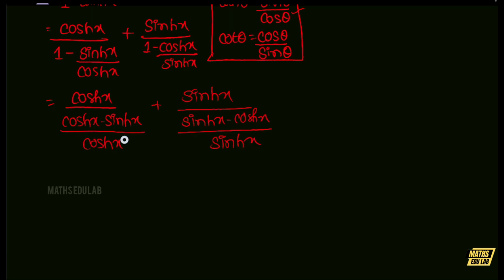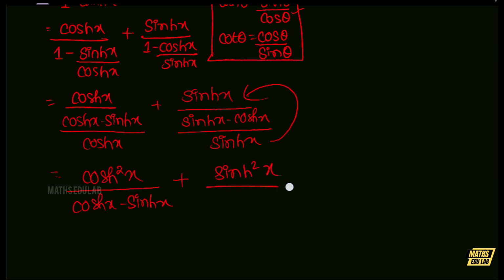So just on reciprocating these values, I can write it as cos hyperbolic square x by cos hyperbolic x minus sin hyperbolic x. And again here this value will get multiplied, then I can write it as sin hyperbolic square x upon sin hyperbolic x minus cos hyperbolic x.